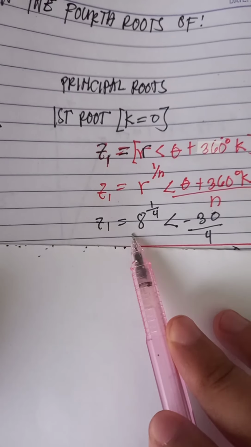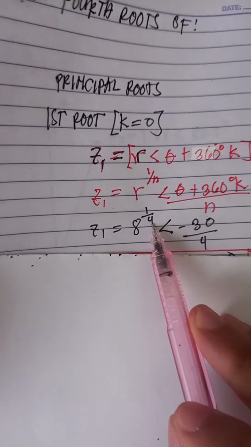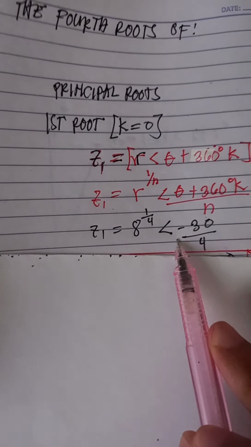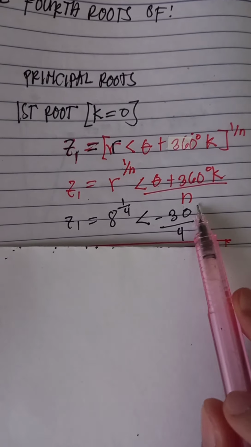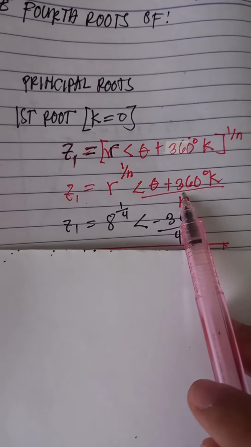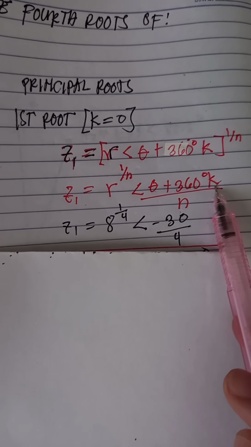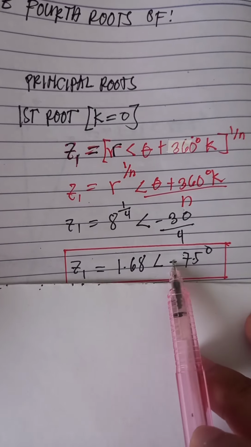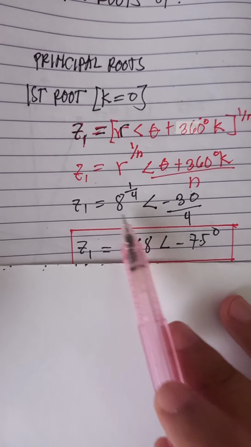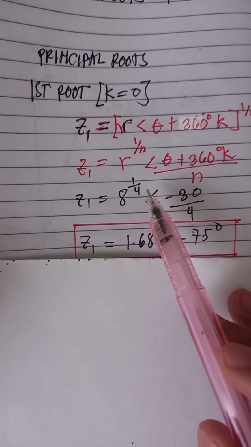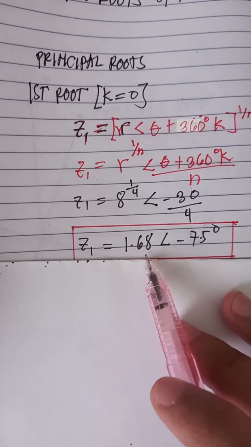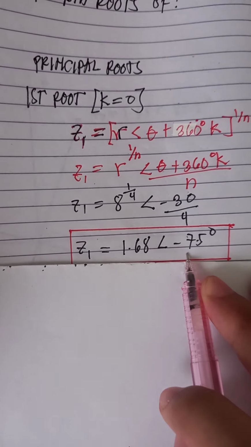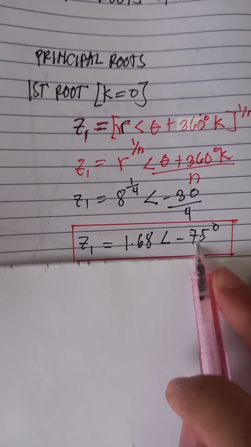So Z1 is equal to 8 raised to 1/4, angle of -30. We did not put 360 degrees here because the value of k is 0, so we cancel this out. So over 4, the value of 8 raised to 1/4 is 1.68, angle of -7.5.